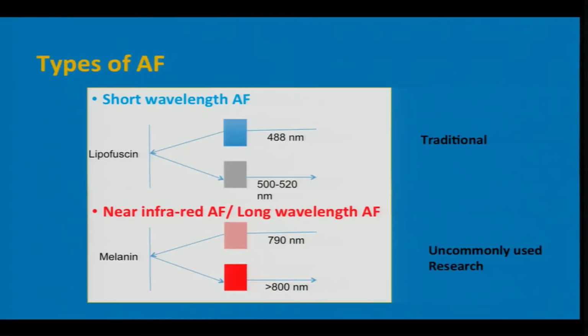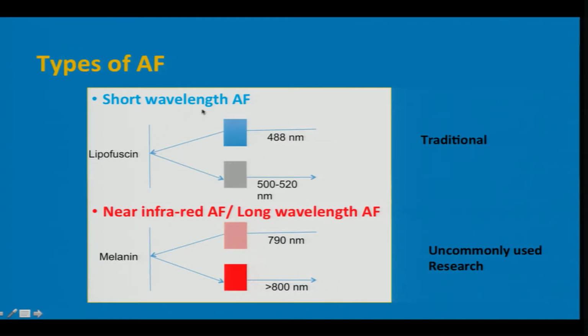There are basically two types of autofluorescence. Commonly referred to, or traditional, autofluorescence is called shortwave autofluorescence, in which we have an excitation light of 488 nanometers and an emission spectrum of 500 to 520 nanometers. On the other hand, we have near infrared autofluorescence, or long wave autofluorescence, in which the excitation and emission spectra are at a longer wavelength.